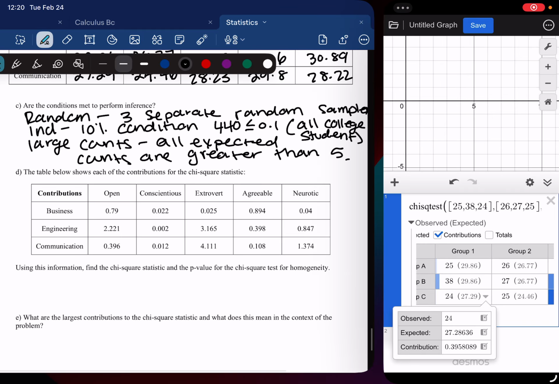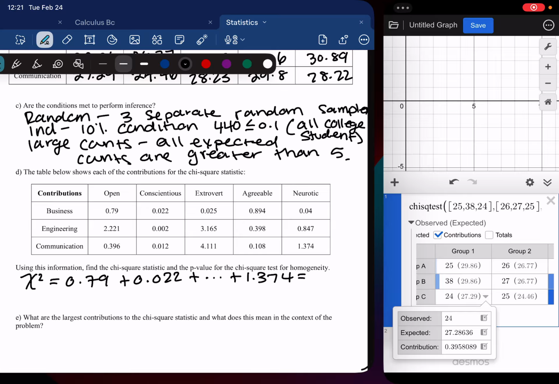Chi-squared. So to show that without really showing that, we're going to say chi-squared is 0.79 plus 0.022 plus ... plus 1.374 is equal to, showing that I know I have to add everything in that table.